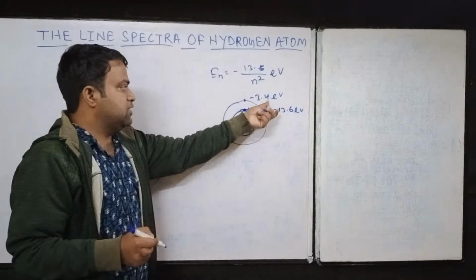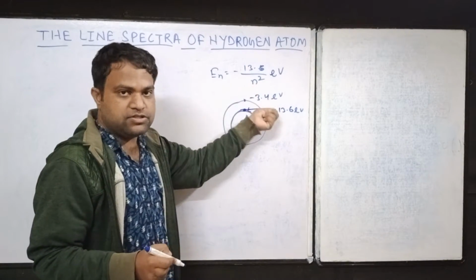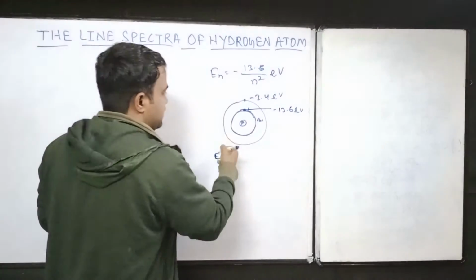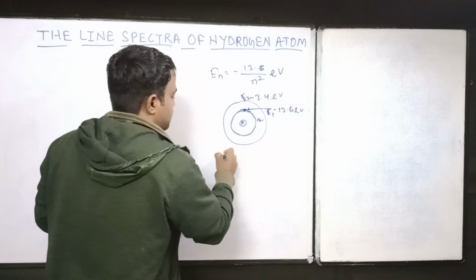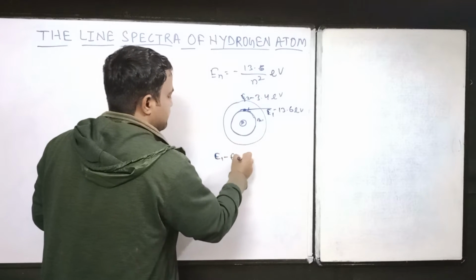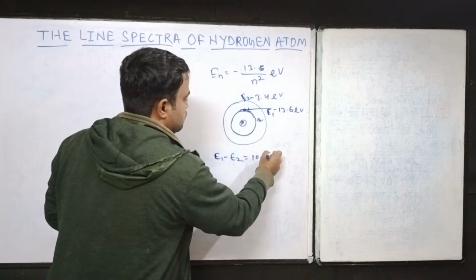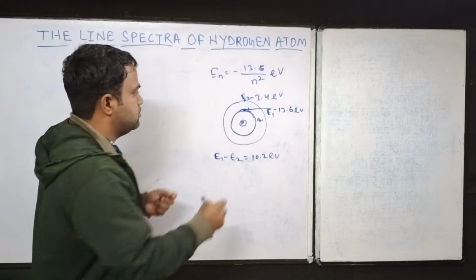And if we find the difference of energy, as we calculated in the last video, let's say this is E1, this is E2. So E1 minus E2, the difference, we calculated was around 10.2 electron volt, right?